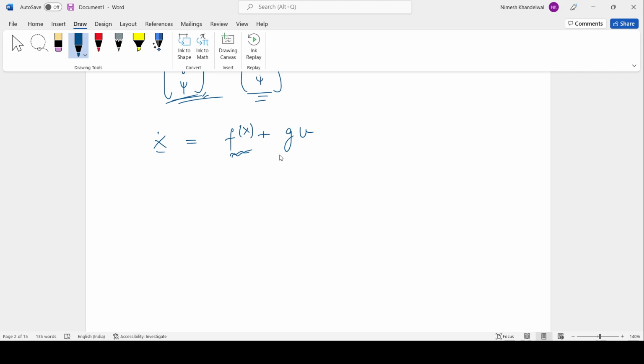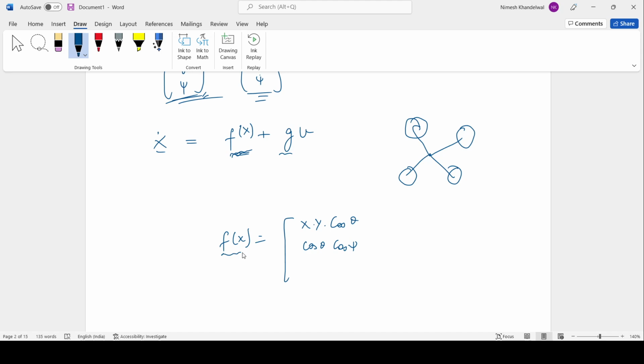If you want to know exactly what f is for a drone, you can derive the equations. A non-linear function means that in f of x there will be terms like x times y times cosine of theta, or cos psi. Basically, this function is not linear in x.